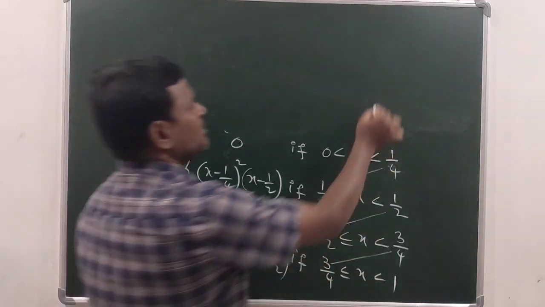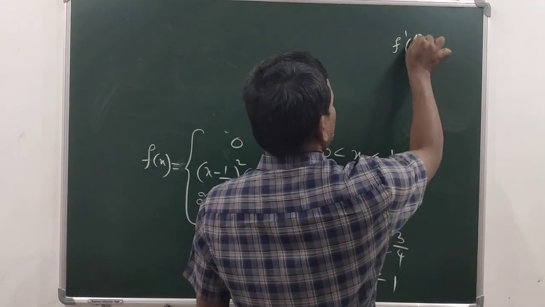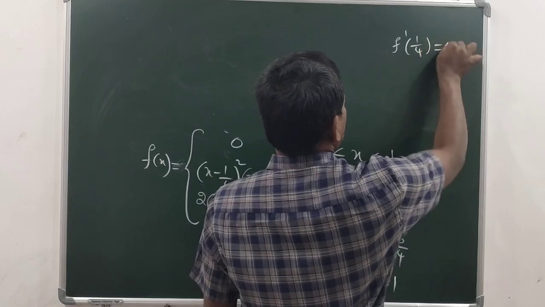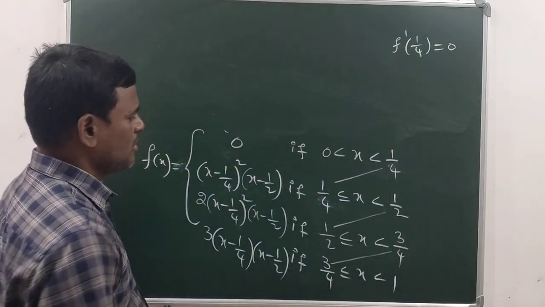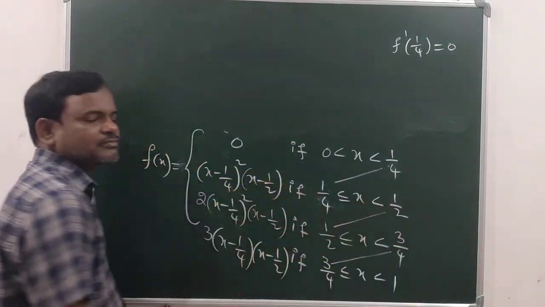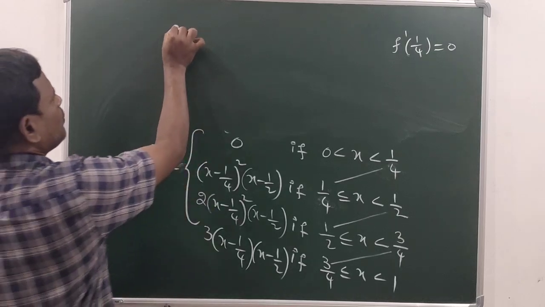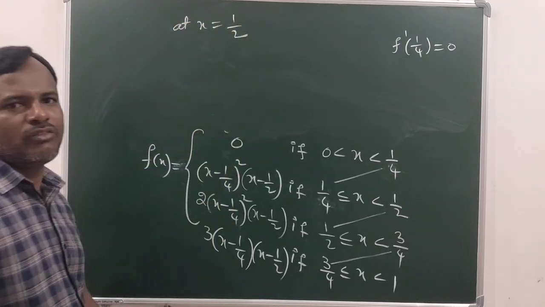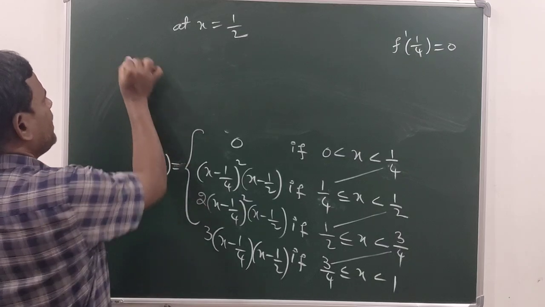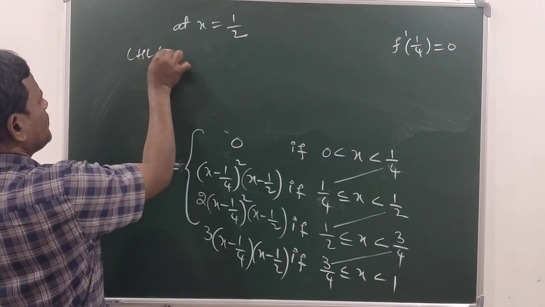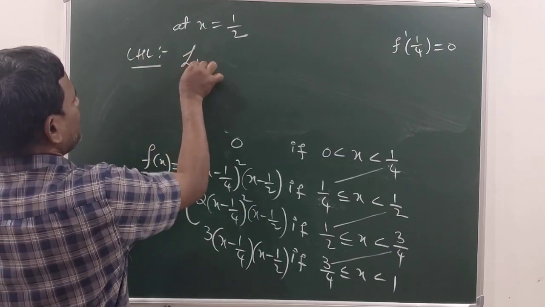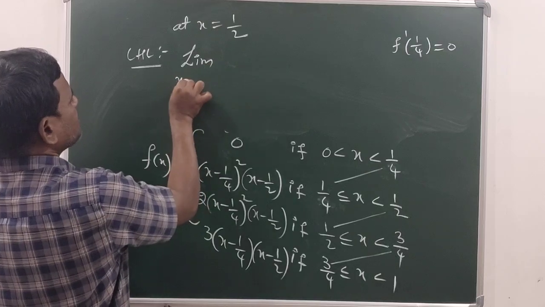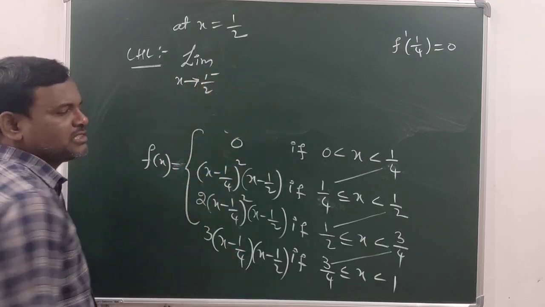Okay students, so f dash of 1 by 4 you got as 0. Keep it aside. Now go to the next boundary point at x equal to 1 by 2. At x equal to 1 by 2, now let us check the left hand limit. Limit x approaches 1 by 2 minus.